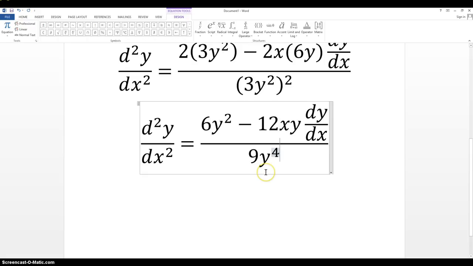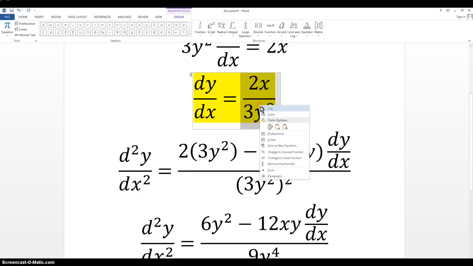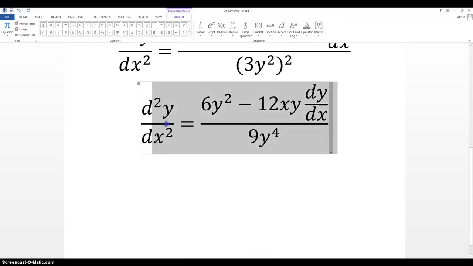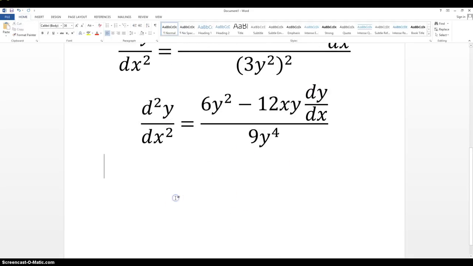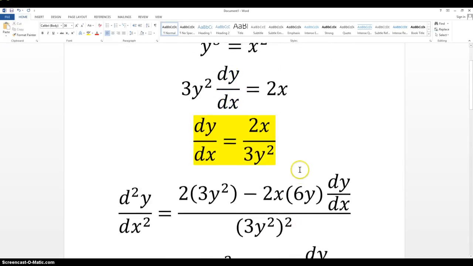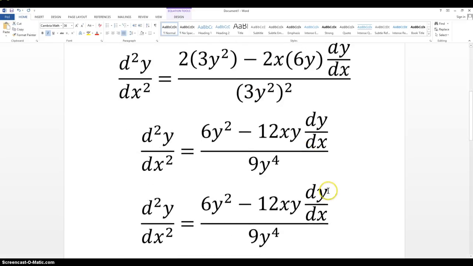Okay, so we're almost done. Now we basically need to take care of this dy dx. If you think about it, we know what dy dx is because that's our first derivative, which is this part right here. So what I can do is substitute that dy dx with what it's worth, which is 2x over 3y squared.